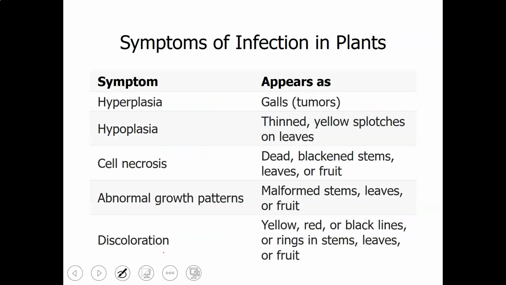Some of the symptoms of plant viruses, remember, hypo means lower and hyper means higher. So hyperplasia means a growth, which we call a gall or a tumor. Sometimes you might see a branch on a tree and it's got this growth on it, kind of attached to it.